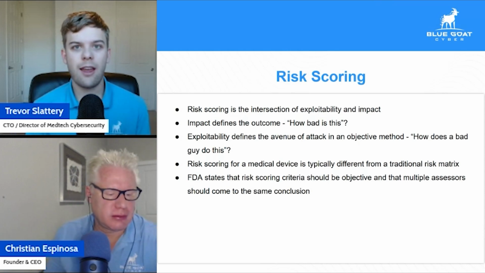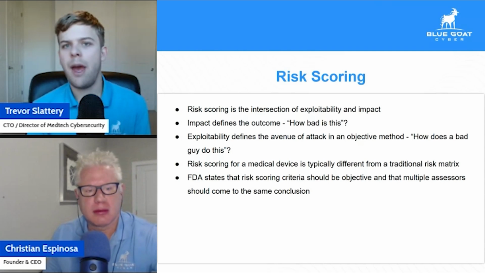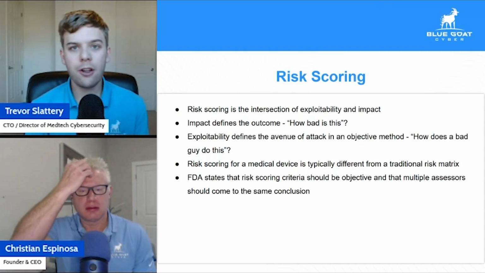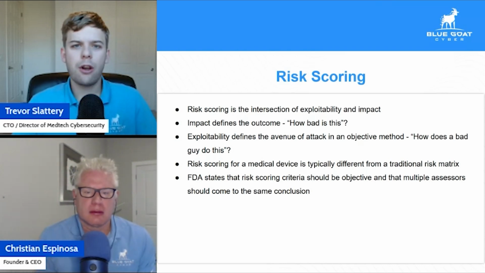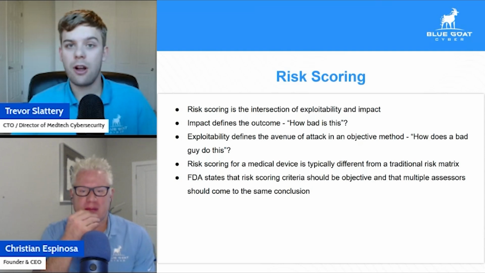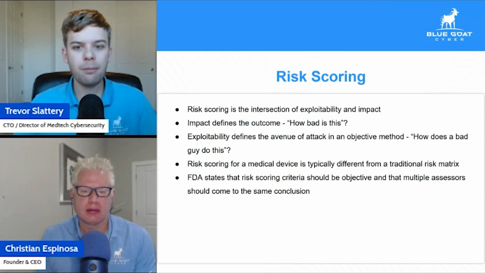A certain finding that could be critical for a network test isn't necessarily going to have any impact to a patient, so it might get brought down to a medium or a low. Inversely, there could be some findings that on a traditional network aren't really going to cause too many problems, a little bit of information leakage here or there. But in a medical context, if this is leaking protected health information, that's a huge problem. So that might get massively ticked up as far as the overall outcome.